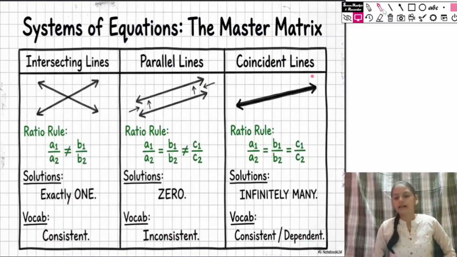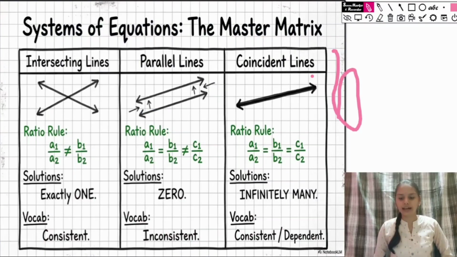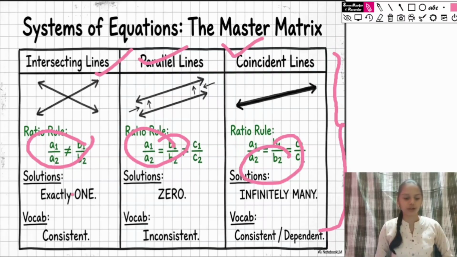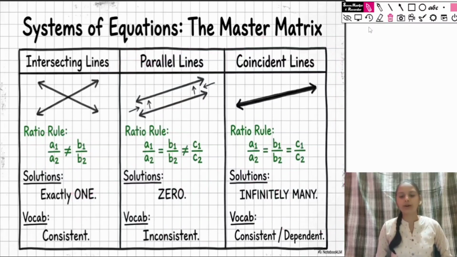Master this slide properly. It shows intersecting lines, parallel lines, coincident lines, what type of ratio you get, what type of solutions you get, and what we call them. This is like a revision slide of whatever I told you today.